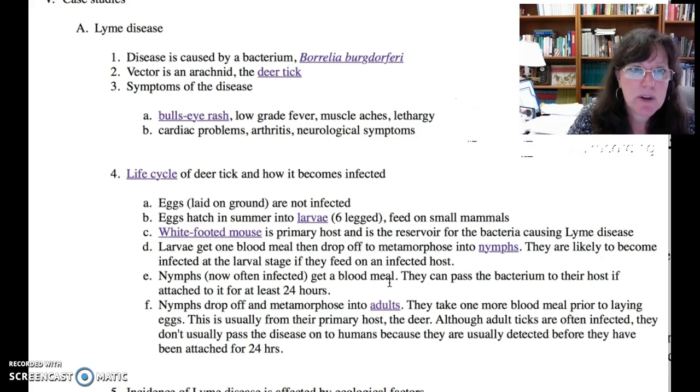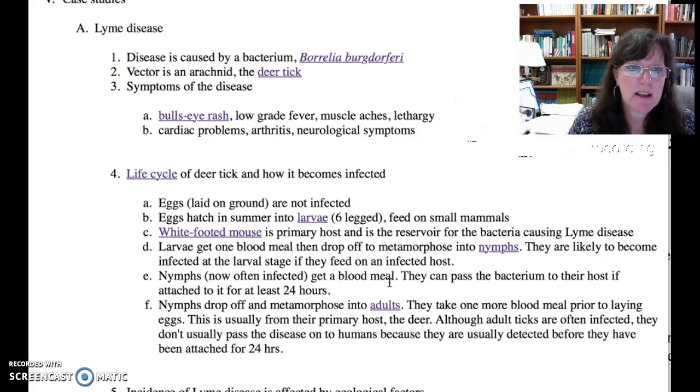It takes about 24 hours or so for the bacterium to work its way into the bloodstream of the new host. So what happens is when the tick bites, its saliva is partly going into the bloodstream as it's drinking the blood of the host organism. And that saliva doesn't carry the bacterium all the time.